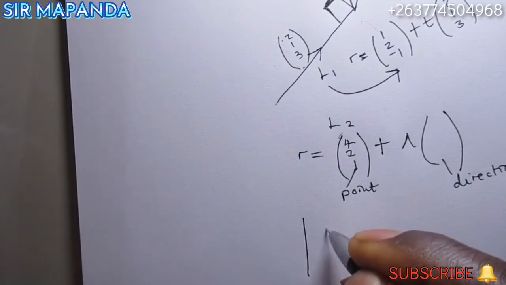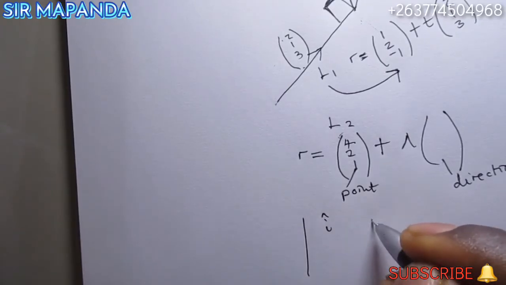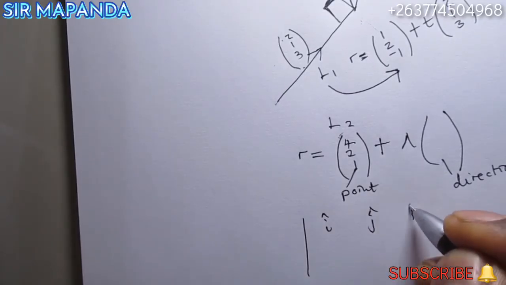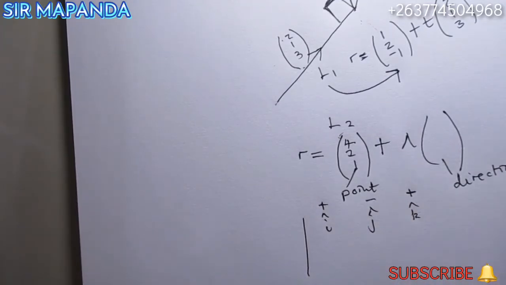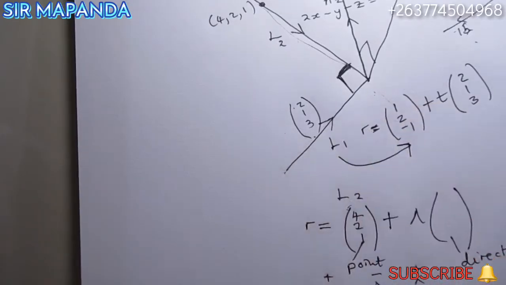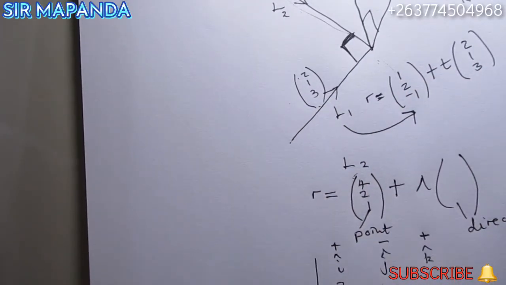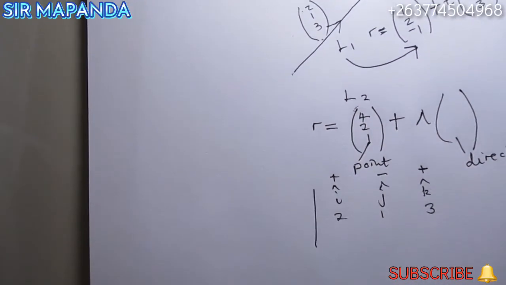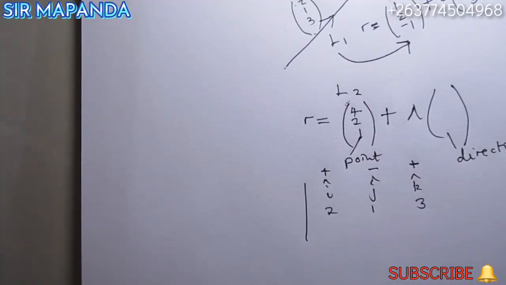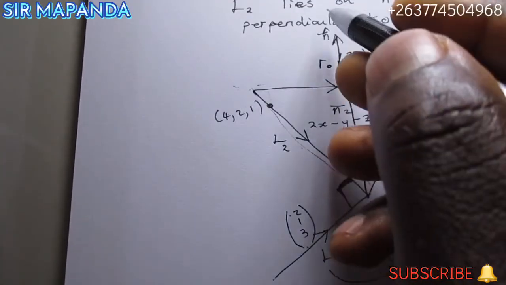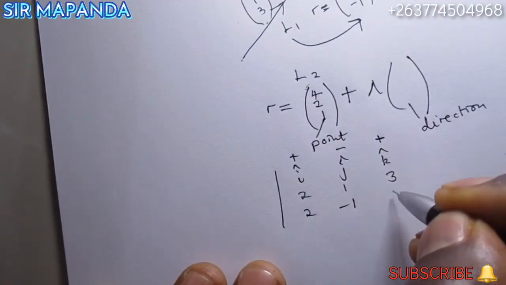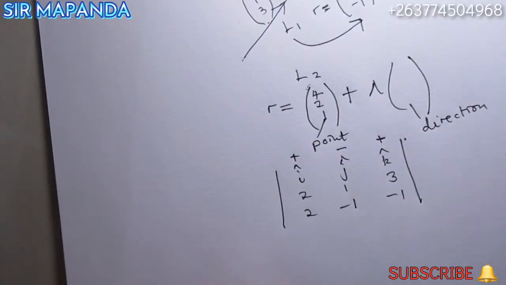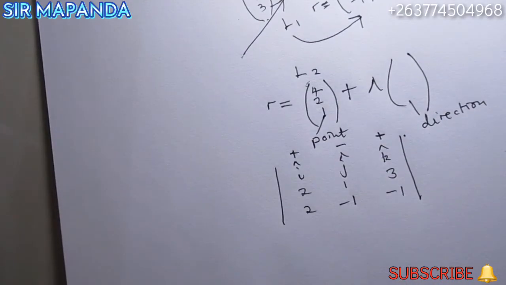So let me put i, j, and k. On i, put plus, j minus, on k, put plus. Right, then transpose the direction of the line. We have 2, 1, and 3, something like this. If you transpose the normal vector of pi 2, you have 2, -1, and -1. We would like to perform the cross product to get the direction of L2. I hope you are following.